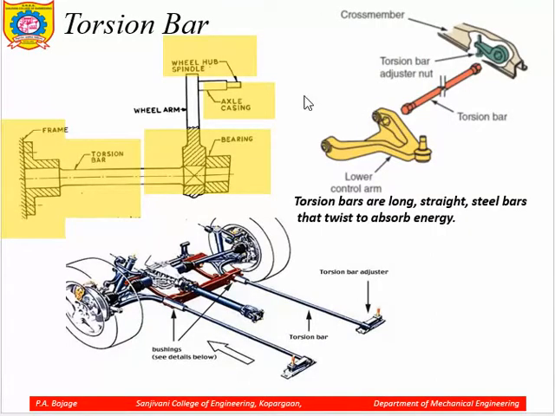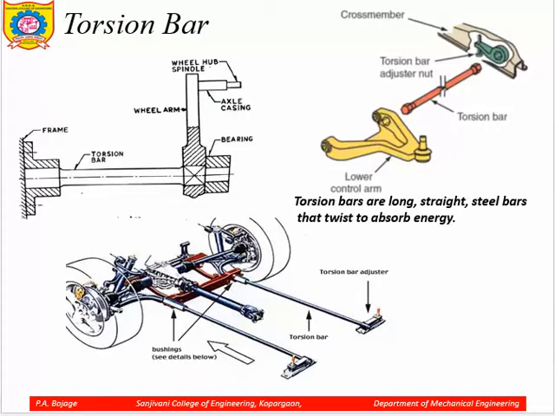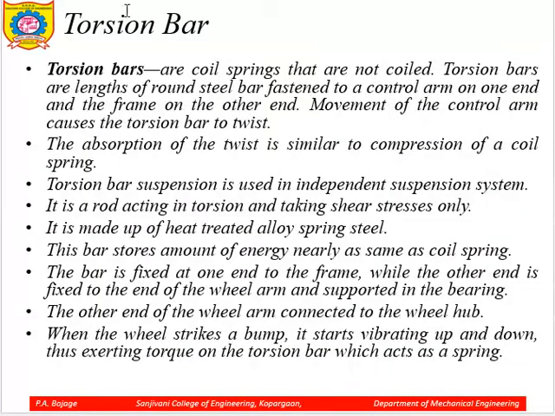See, this is the lower arm, this is the torsion bar, and this is the attachment here. So it gets twisted and it absorbs the shock. So the same thing is explained here.